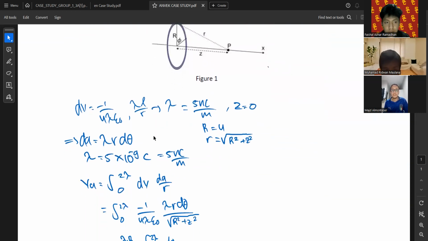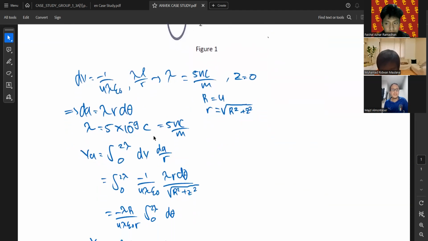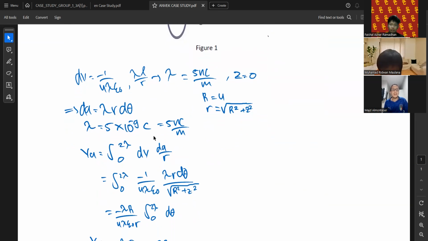So for the solution, we have dv equals 1 over 4 pi e0 lambda dl over r.